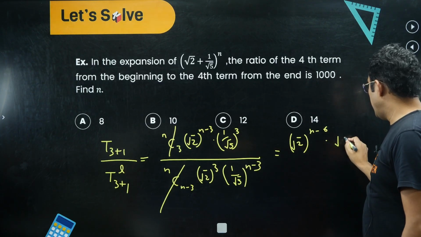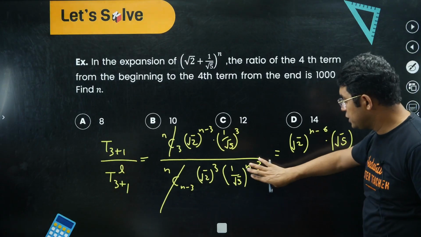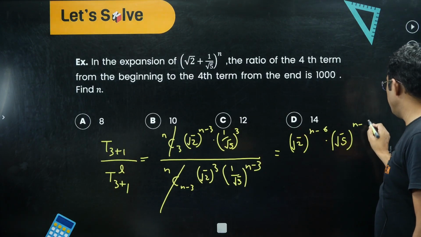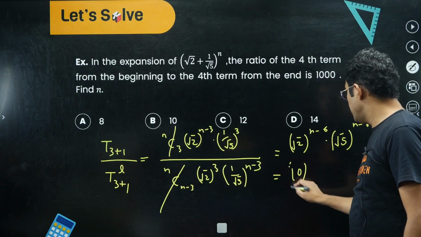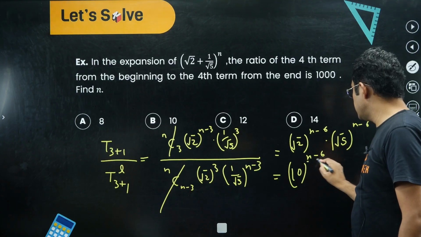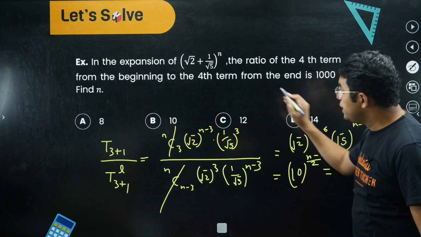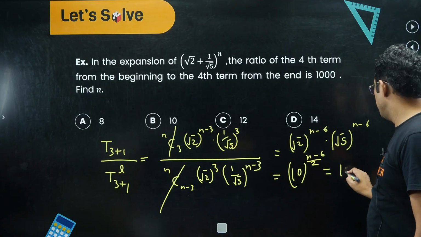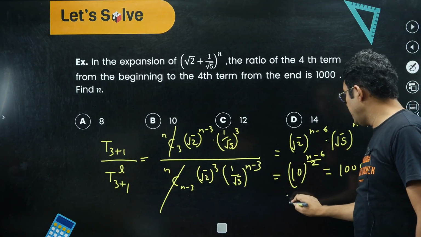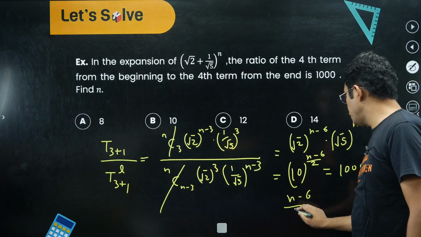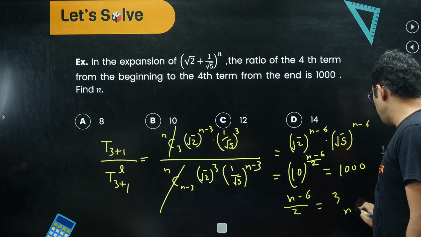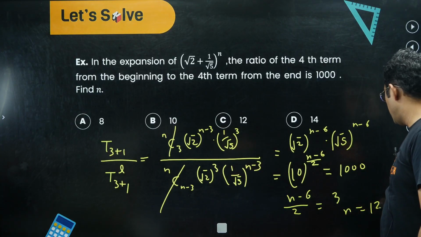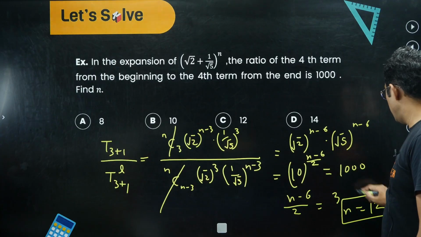Whereas root 5 also, after simplification, will also have the same power n minus 6. So this is actually 10 power (n minus 6) upon 2, which is equal to 1000. So (n minus 6) upon 2 is becoming equal to 3 because 1000 is 10 power 3. So the value of n will be equal to 6 plus 6, it is 12.